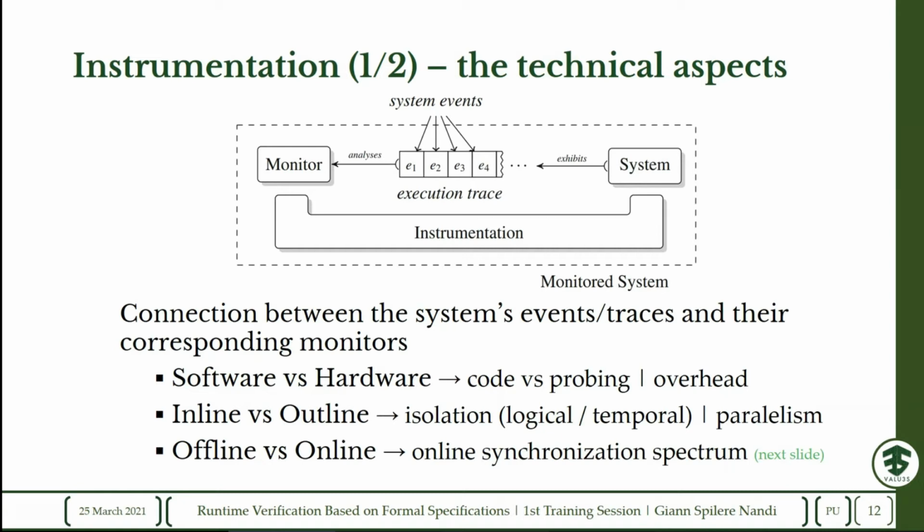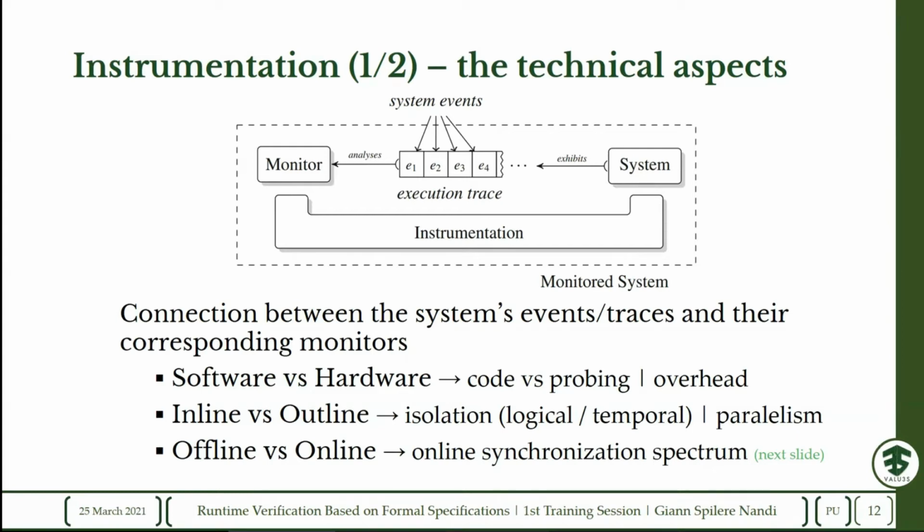A classical example of outline monitors is when you have to monitor legacy systems where you cannot change the system itself, but you actually have to use interfaces to be able to get any information out of it. And the last classification is in terms of being offline and online.